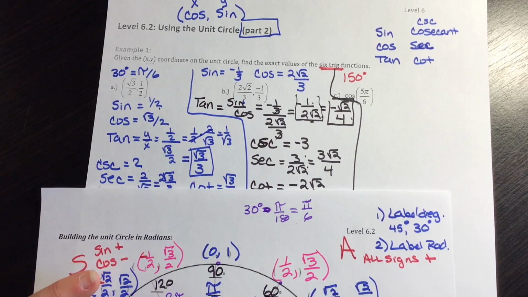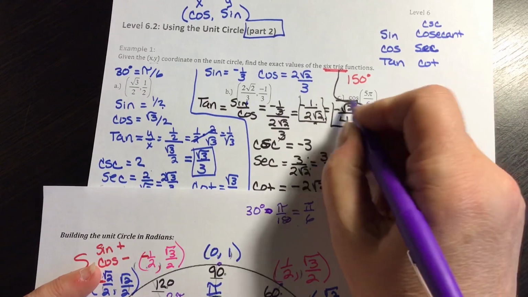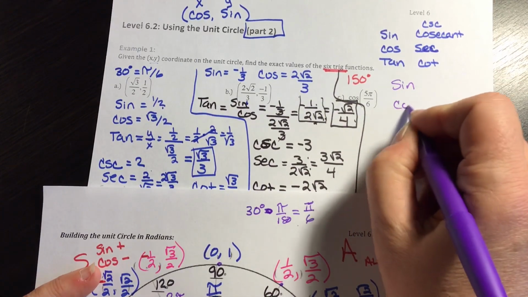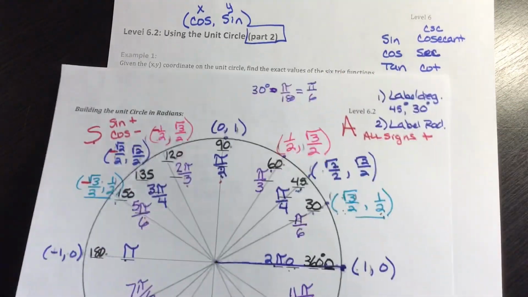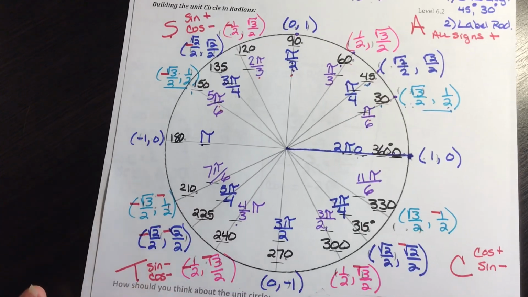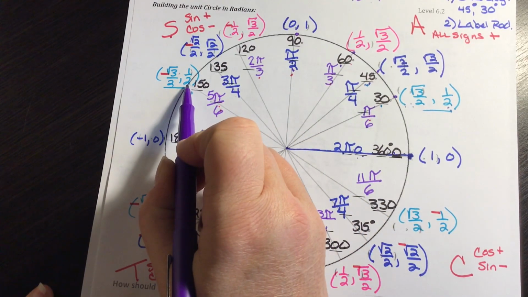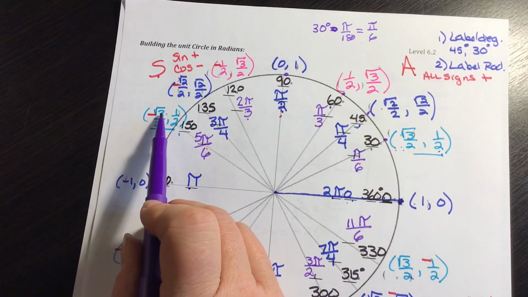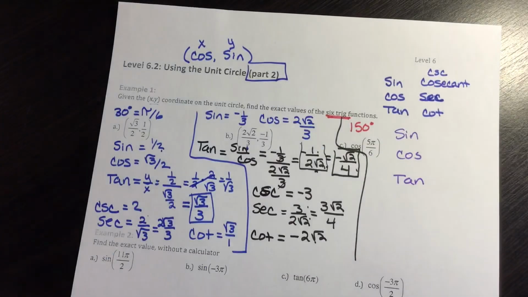So this is 150 degrees for 5 pi over 6. Now I'm going to find all of my trig functions, even though it just says cosine. So sine, cosine, tangent, and then we'll worry about the next ones in a minute. Back to that 5 pi over 6, my sine is going to be 1/2, and my cosine is going to be negative square root of 3 over 2.